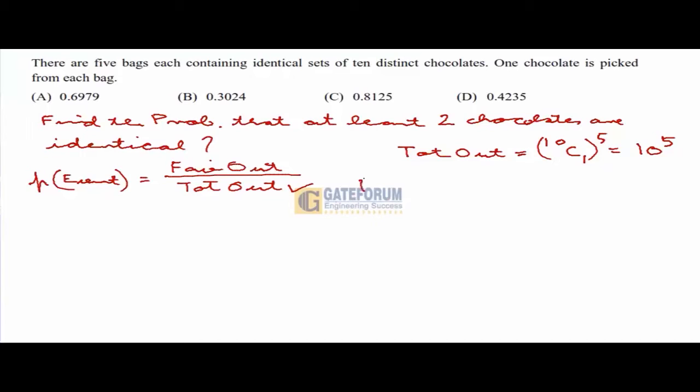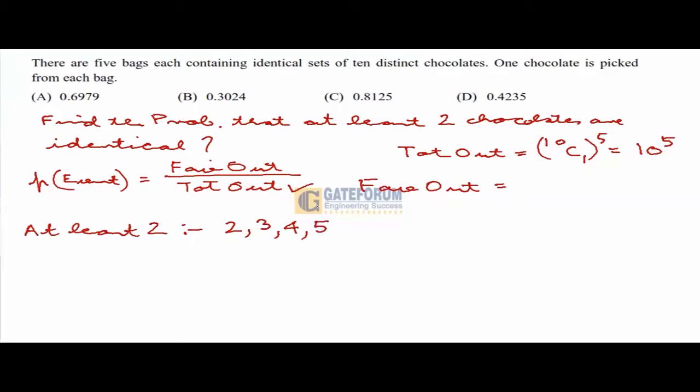Next comes the favorable outcome. Now what is my favorable outcome? Let us check here. It has been said that at least two chocolates were identical. Now, what does the term at least two indicate? At least two would include two chocolates, three chocolates, four chocolates, and five chocolates, right?